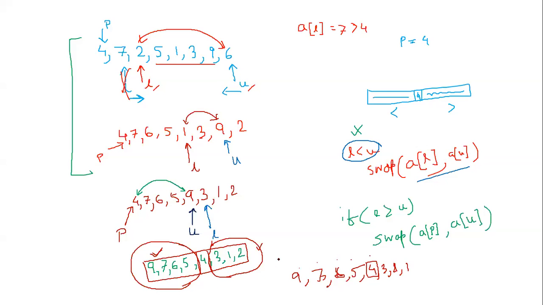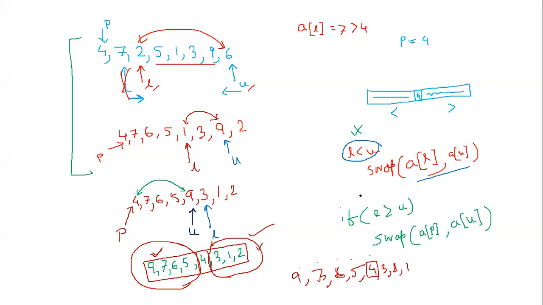And you see within this whole arrangement, the position of 4 is the same as in the sorted array. That means quicksort puts the pivot element in its exact position with respect to the sorted array, and then it divides the array into two parts.